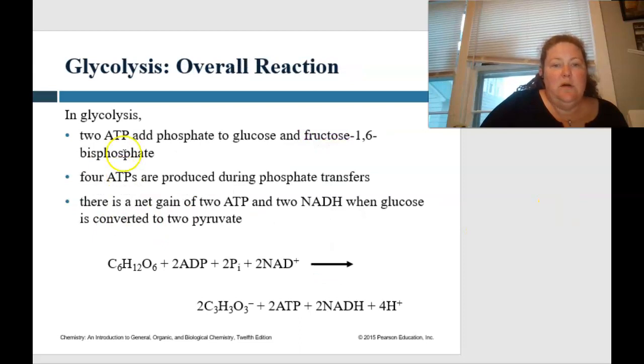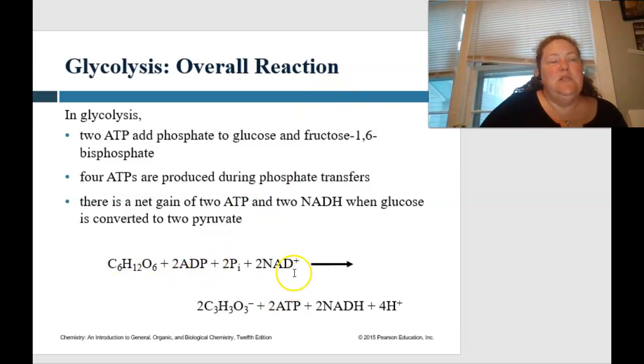So we have a net production of 2 ATP. In glycolysis, we start with 2 ATPs. These are going to add the phosphate to the glucose and fructose 6-phosphate. Then 4 ATPs are produced during the phosphate transfers. Because of this, 4 minus 2, we have a net gain of 2 ATP, as well as 2 NADHs that are produced when glucose is converted into pyruvate.